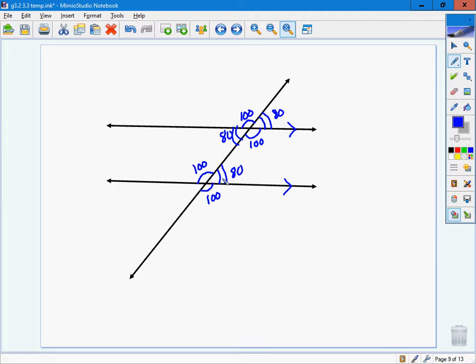This would be alternate interior, vertical, same side interior. And this would also be 80. Does everybody see that if they told you the two lines are parallel and they give you one of the angle measurements, you can literally find them all? Everybody good?